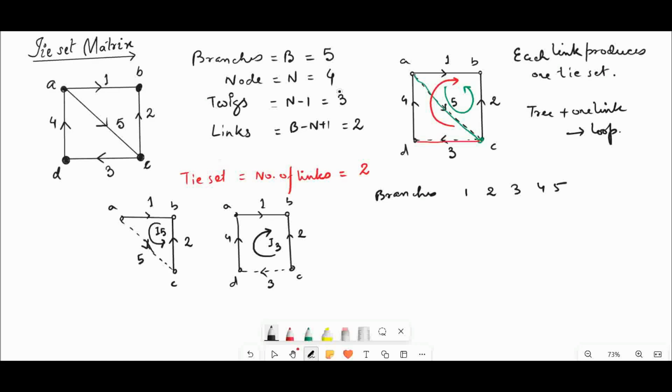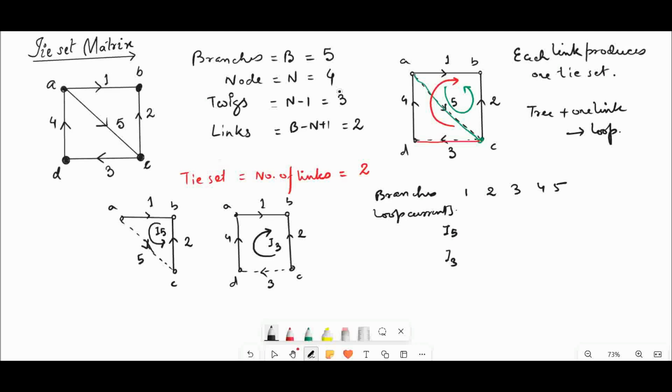Then the rows will be the loop currents. The loop currents are I5 and I3. The writing will be similar to the case we considered for the incidence matrix.